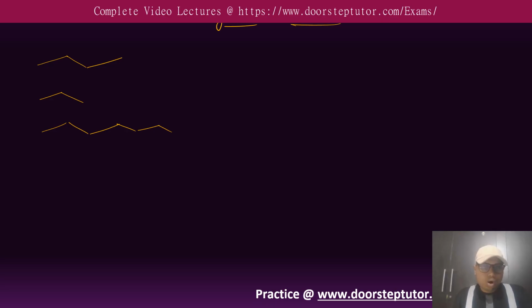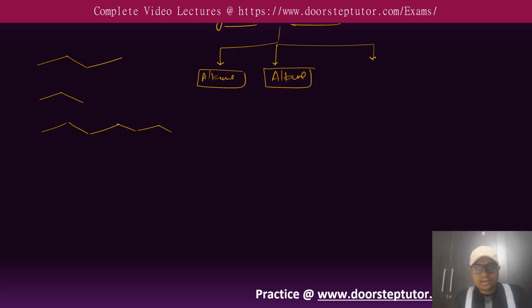When we talk about the types of acyclic compound, they can be further classified into different types. One is the alkane, another is the alkene, and another is the alkyne. Alkane is a saturated hydrocarbon.